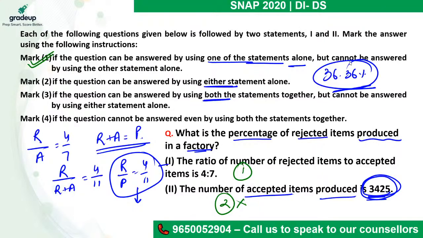If one alone can answer, you do not need a combination. Possibly the combination can also answer, but we don't need the combination. If I alone can beat someone, why would I need my friend to accompany me? I would need him only if I cannot beat that guy, right? So data sufficiency says what minimum data is sufficient. If one statement alone can do it, the other is not required.